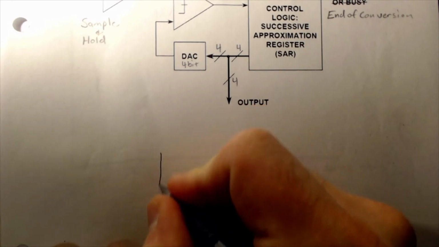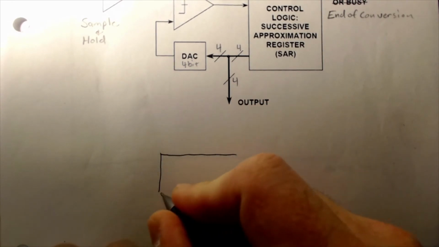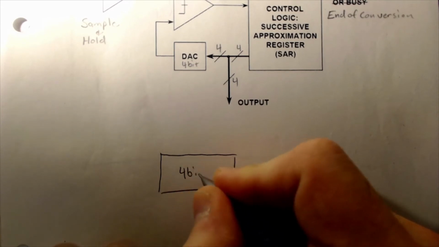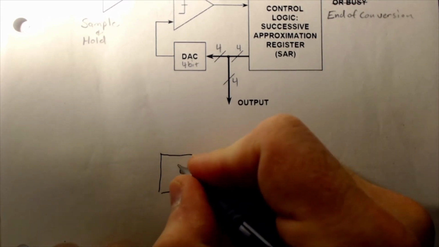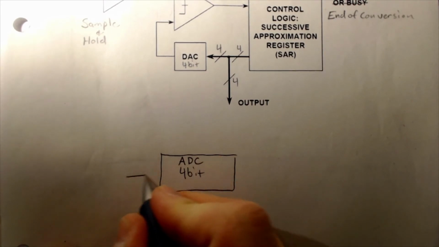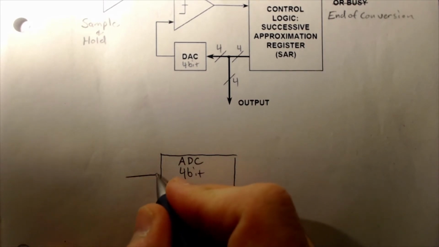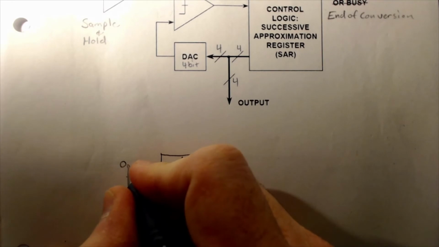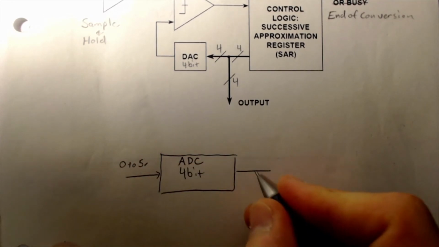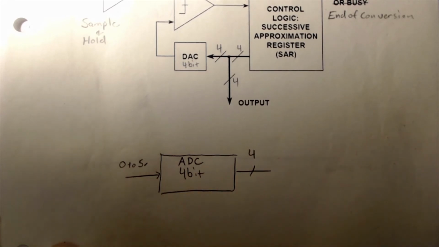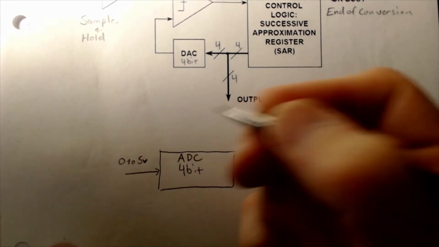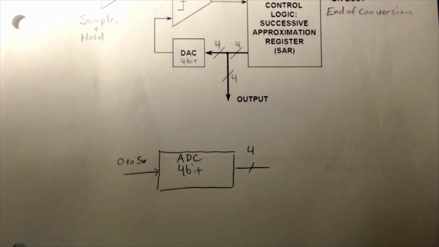In other words, the analog to digital converter that we are making here looks like this: 0 to 5 volts in and 4 bits out. This is a small v right there.